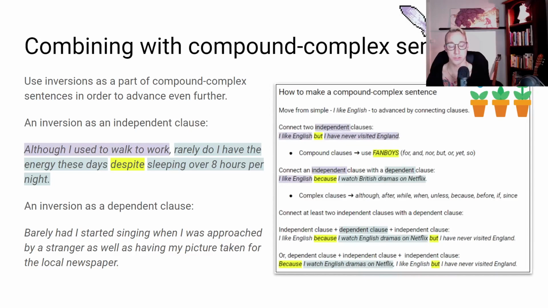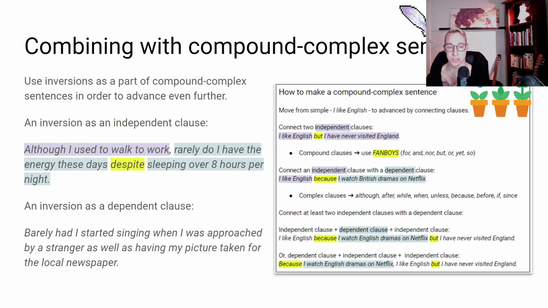In case you're uncertain on how to make compound complex sentences, they are created by connecting two independent clauses. You connect them by using a fanboy or a synonym for a fanboy, and then you have a dependent clause where you need to use an auxiliary verb, and you need to have at least two independent clauses with one dependent clause.